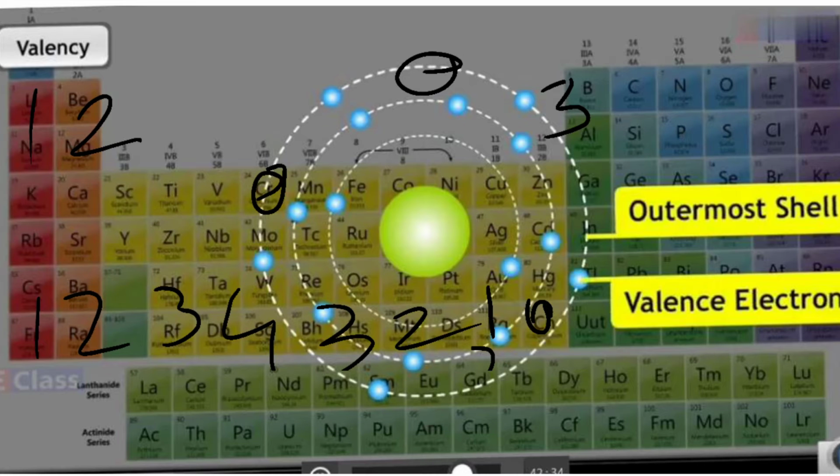So how is the periodic trend of valency? It increases from 1 to 4 and then again decreases from 4 to 0. So this is how the valency varies in the periodic table.